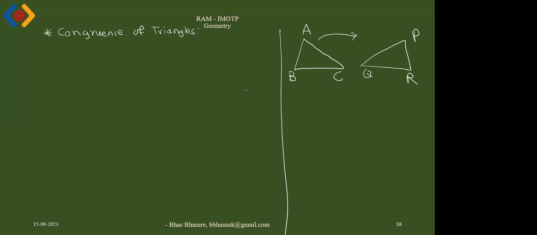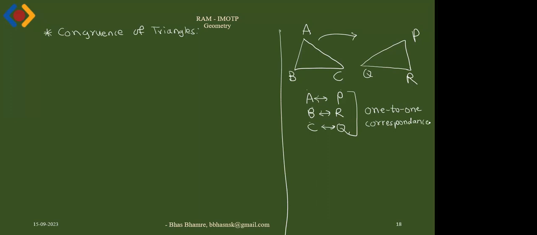While superimposing, we come to know that the vertex A goes with P, the vertex B goes with vertex R, and vertex C goes with vertex Q. So A is to P, B is to R, and C is to Q. We call this one-to-one correspondence.